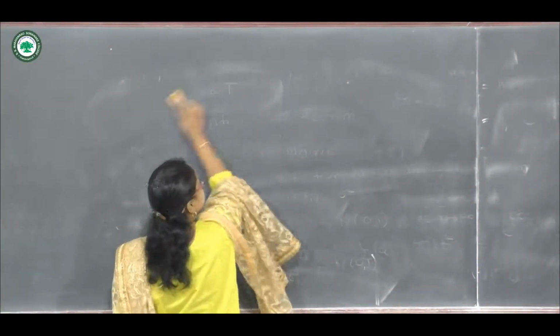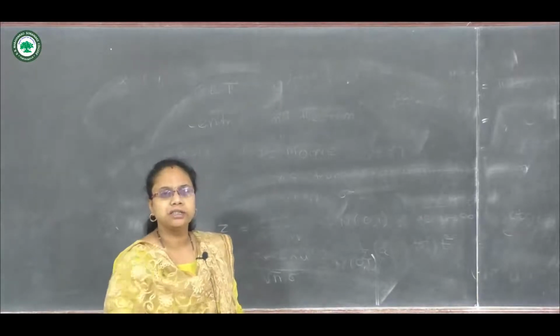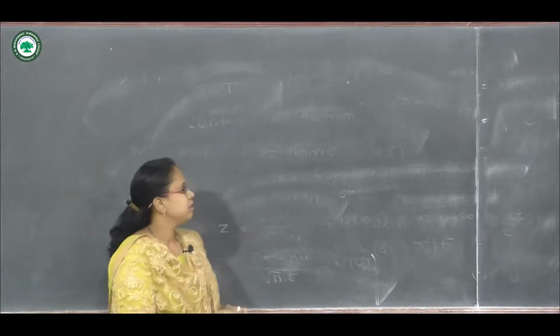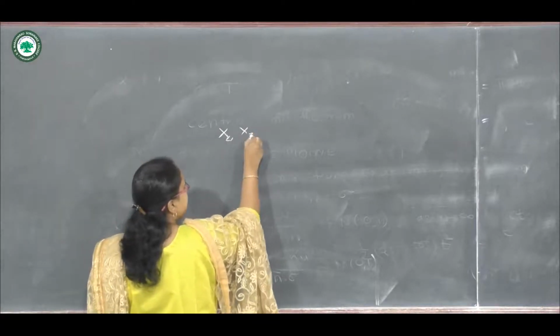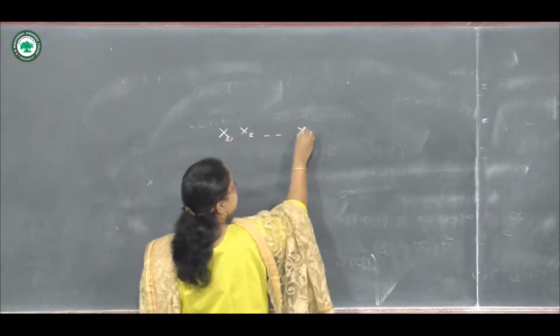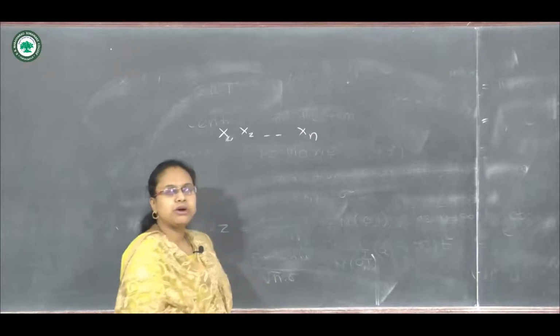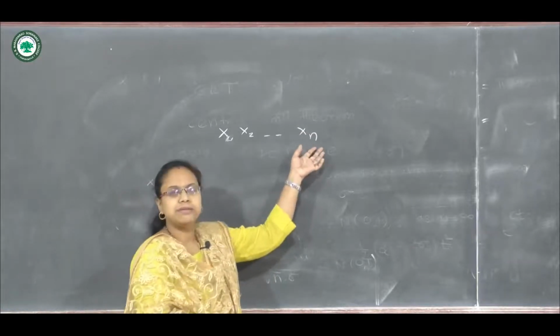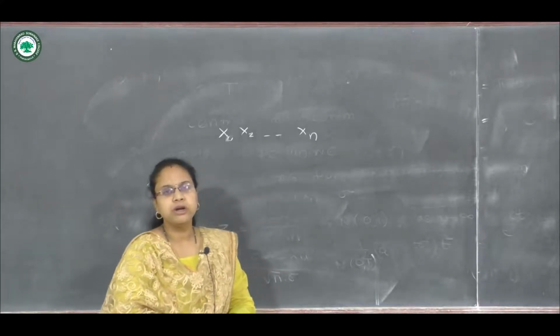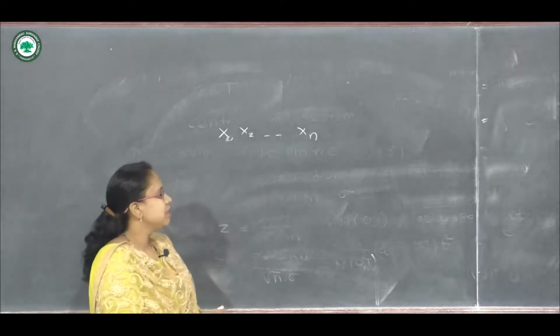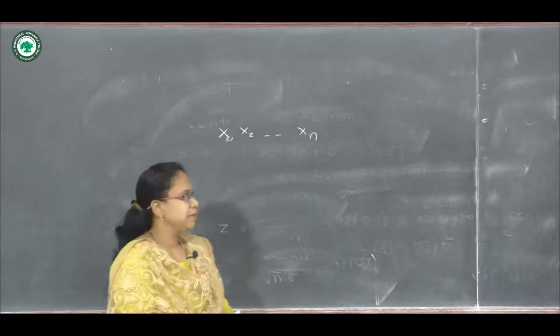As we go on increasing the random sample x1, x2, so on xn, that is increasing this n, any distribution will slowly converge to normal distribution. This is the statement of the central limit theorem.